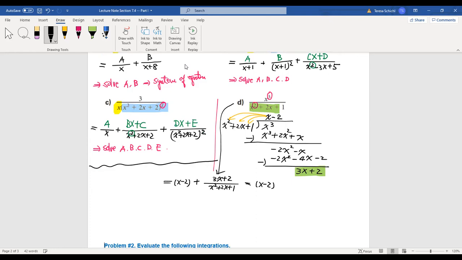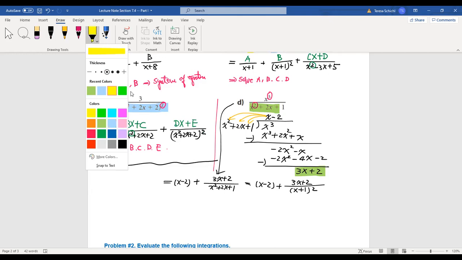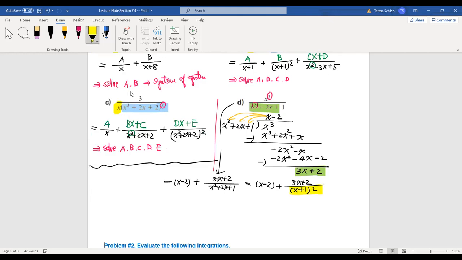So this is x minus 2 plus (3x plus 2) over (x plus 1) squared. Now I can write it into partial fractions, right?